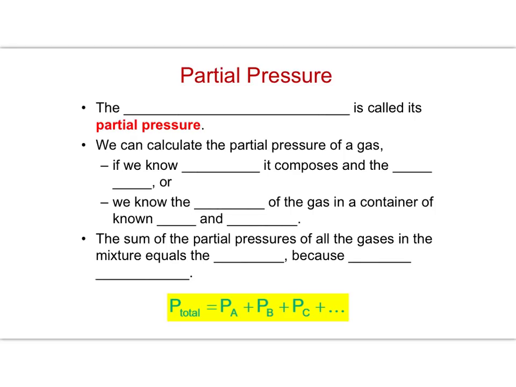Partial pressures. Partial pressures work in a similar way to how you would calculate pressure for an individual gas. But a partial pressure is the pressure of a component of a gas mixture.